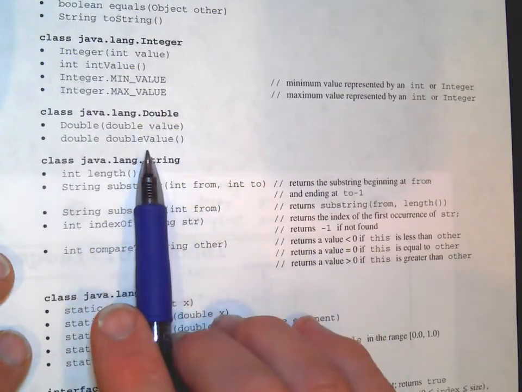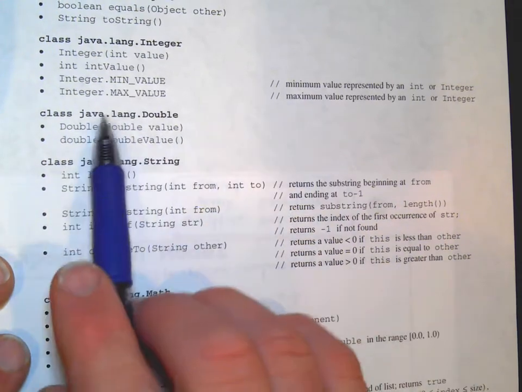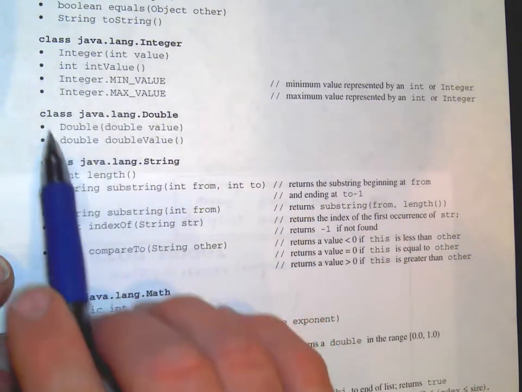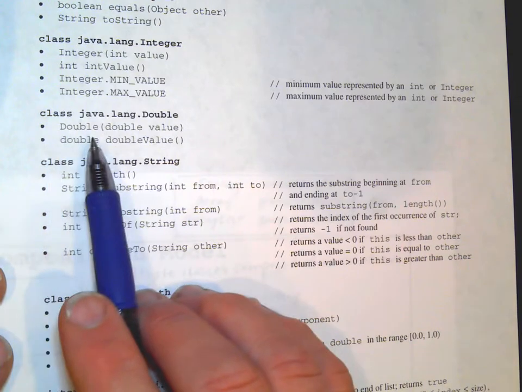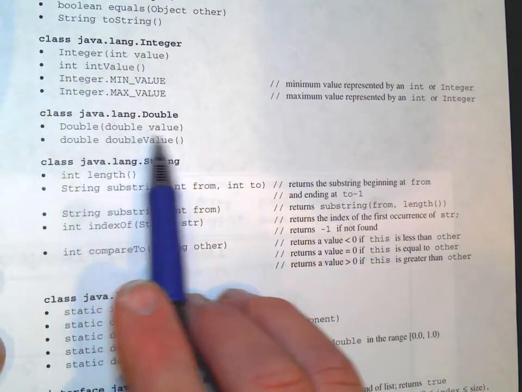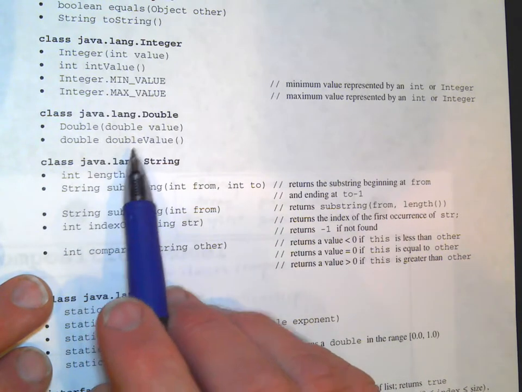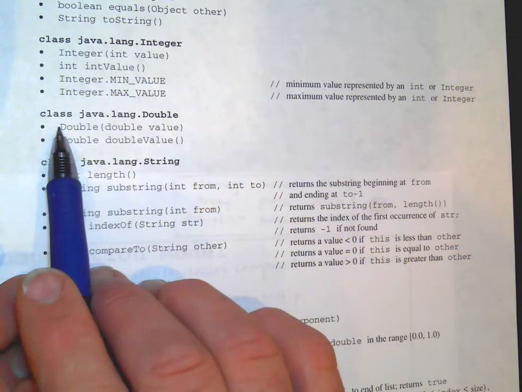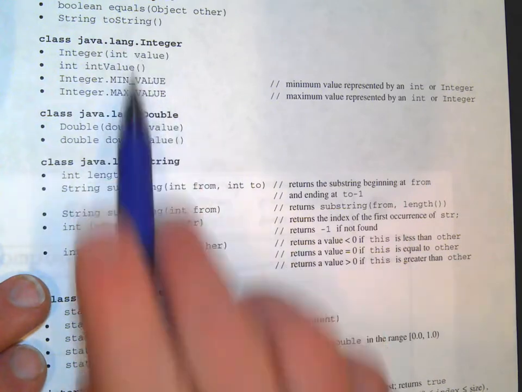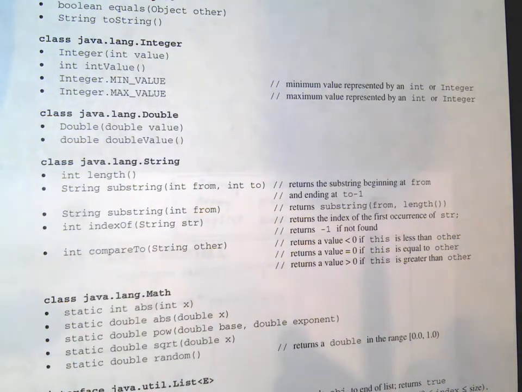Double class. This is how you create a double. You do capital D, and then you put a regular double value in it. And then if you want to get the double value out of a capital D Double object. So these are objects that are created to hold these primitives, but then you can actually do object kinds of things with them, because array lists can only hold objects.